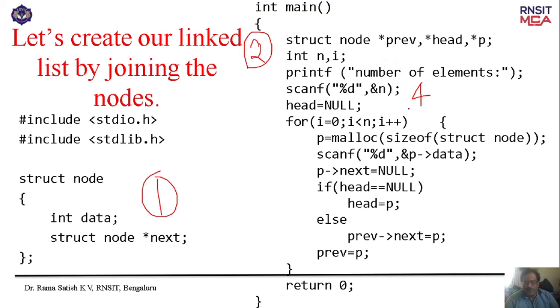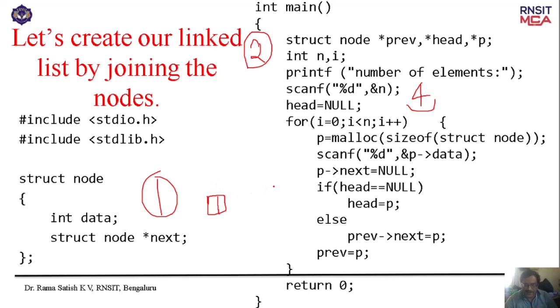After this, the user has already told us to create a linked list of 4 elements. So you create a for loop: for i equal to 0, i less than n, i plus plus. Every time, you create memory for pointer p. When you create memory for p, two parts are created, one for data, that is info, and another for next.